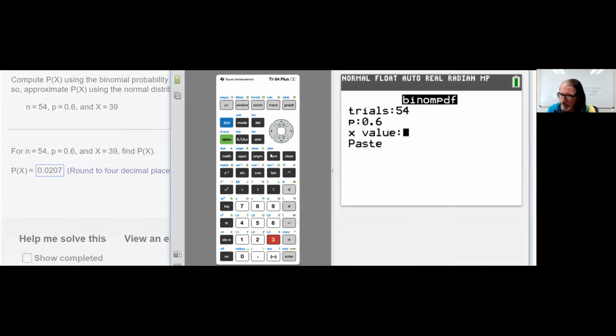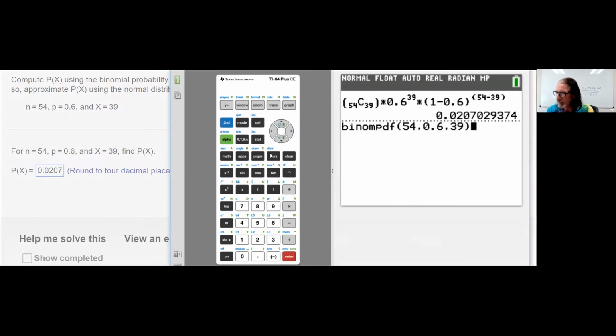And we wanted the x value or r value, whatever, to be 39. If you're one of my students, you would want to write down what command was used, what you plugged in where, and then give that answer rounded to 4 places. And we can see it's coming up with the same thing.